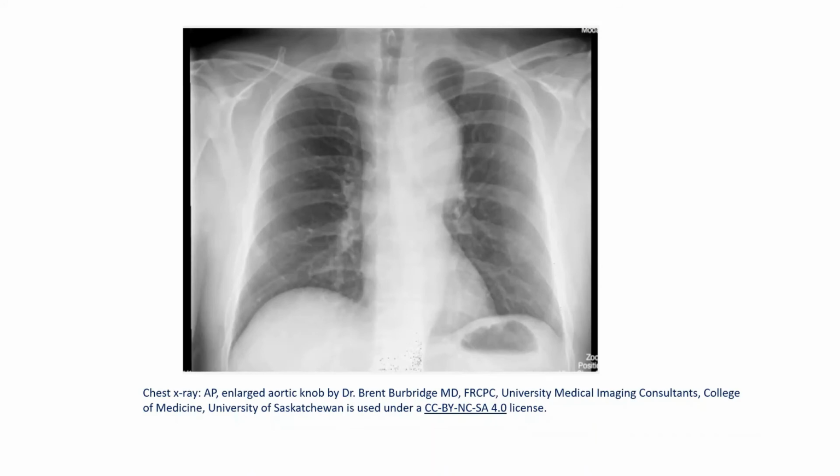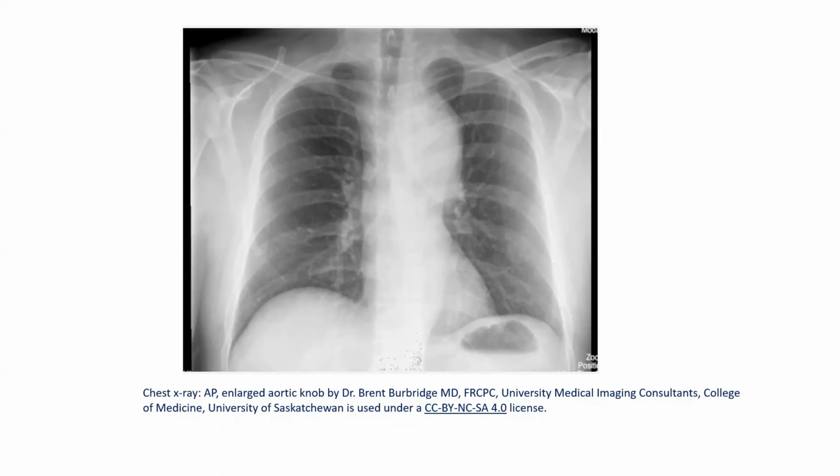It could be any mass. You know, it could be just aortic aneurysm. It could be thymus, thyroidal, retrosternal, whatever, and lymph nodes. It could be a lot, because in the chest X-ray you are seeing a shadow and you don't know where it comes from. It can come from anywhere, from the bone up to the spine.